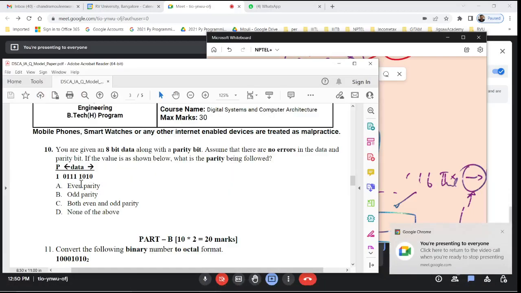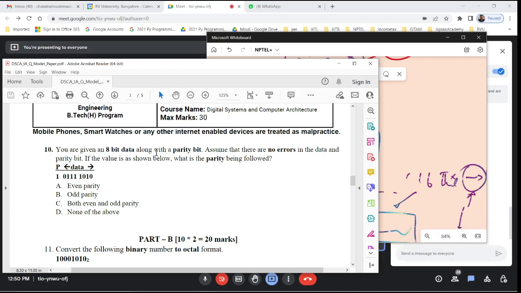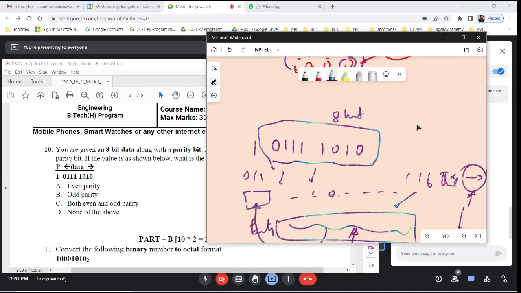What you are shown is the actual content which is received, and the parity bit has been generated already and received without any error. If the value is as shown below, what was the parity being followed? What parity was used by the sender, and what parity is the receiver told? Remember, the sender and the receiver should know what parity is being followed while the data is being sent.